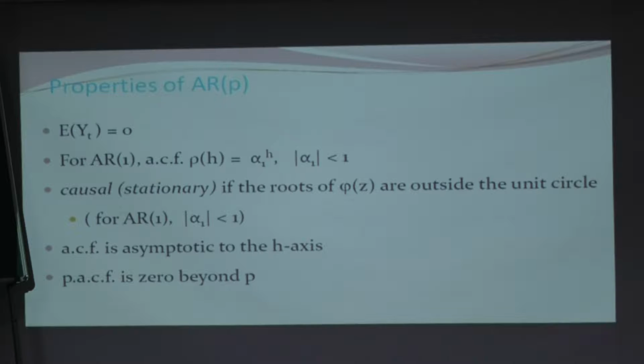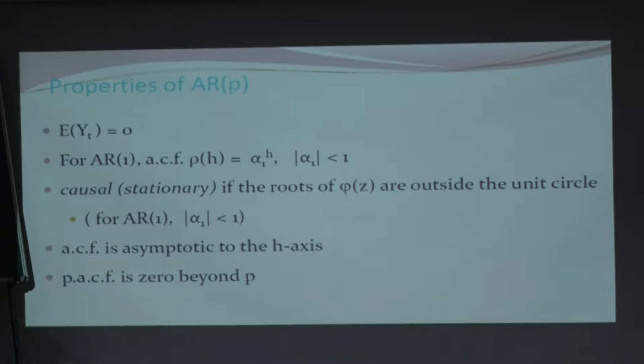So ACF is asymptotic to the h axis. But the important thing is that the PACF, we can show, is 0 beyond point P. Remember this too: ACF is asymptotic to the h axis, PACF is 0 beyond point P.